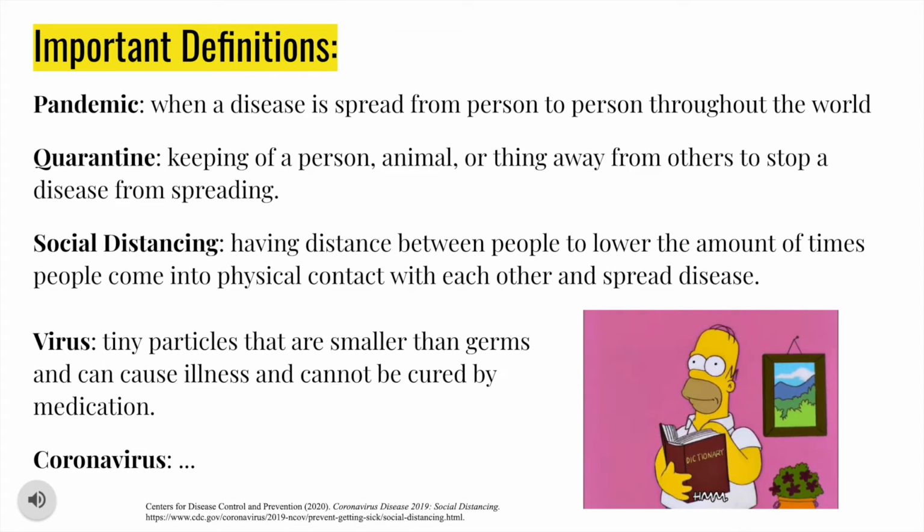And then the next word is coronavirus, which we have to go into a little bit more in depth. Many people think that a coronavirus is new, that this COVID-19 is the first time a coronavirus has ever existed. But a coronavirus is a type of virus that we've seen before, but not to the extent that we have seen in COVID-19.